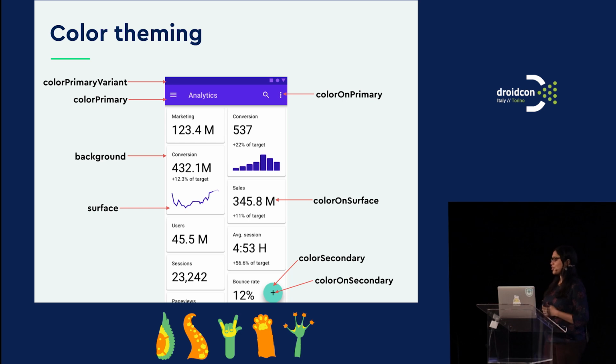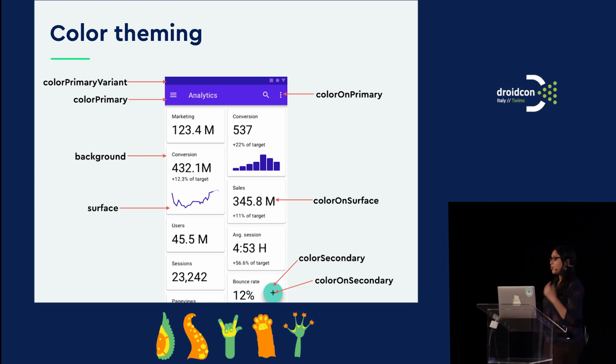Then you have colorOnSurface, which is the color of content that goes on surface backgrounds. And then you have color secondary, which is kind of like color accent, your secondary branding color of your app. And then, last but not the least, there's color on secondary, which is the color of the content going on the color secondary backgrounds.